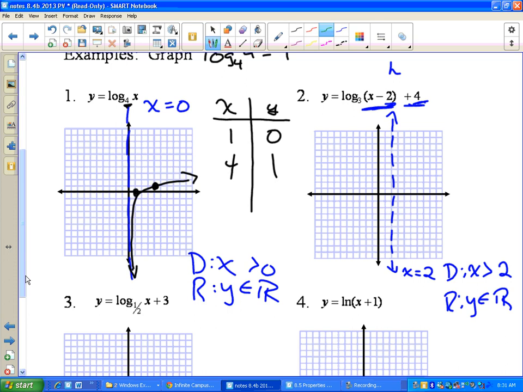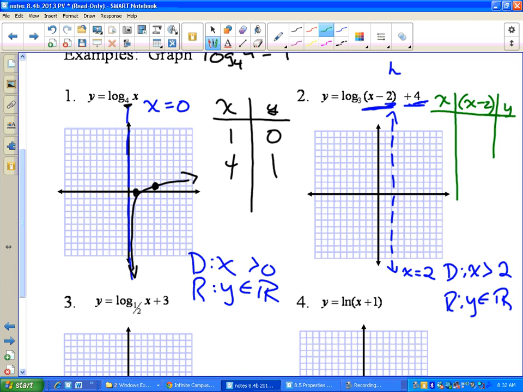Now I can go ahead and graph. I can plot my other points and draw my pictures, x and y. Now I'm going to back up. This is x minus 2 I'm going to put in the middle.